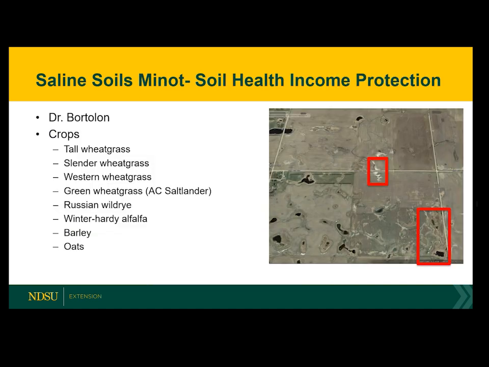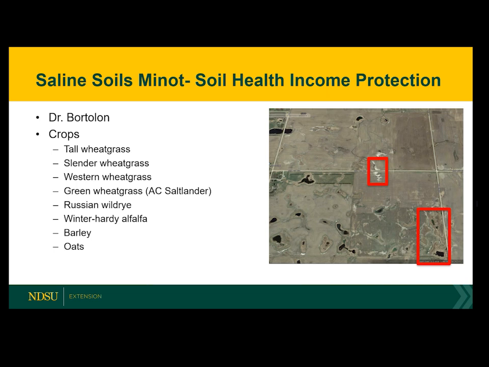On our station here, we have 2 different fields outlined here that have a couple acres each with saline issues. We went out there, measured the soil, and did gypsum amendments. We got gypsum from some of the mines at Underwood to help remediate the soil a little bit.